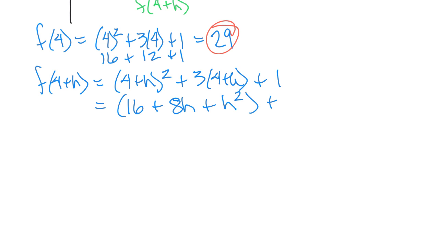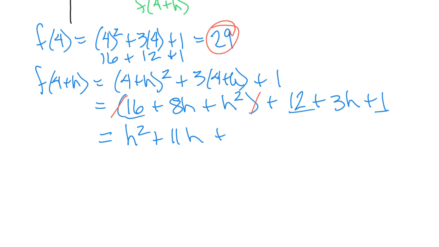And let's distribute that 3. So we're going to have 12 plus 3h plus 1. And I don't need these parentheses, so we're going to drop those. Combine like terms. So we're going to have 12 plus 16 is 28 plus 1 more is 29. Let's start with our h squared plus 11h plus 29.